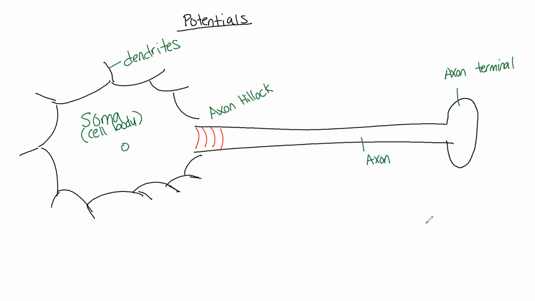Now I want to point out that other neurons communicate to this neuron via the soma, or the cell body. We'll talk a little about this in the next packet, but we can describe the area of communication between two neurons as the synapse. This is where this neuron speaks to this neuron.